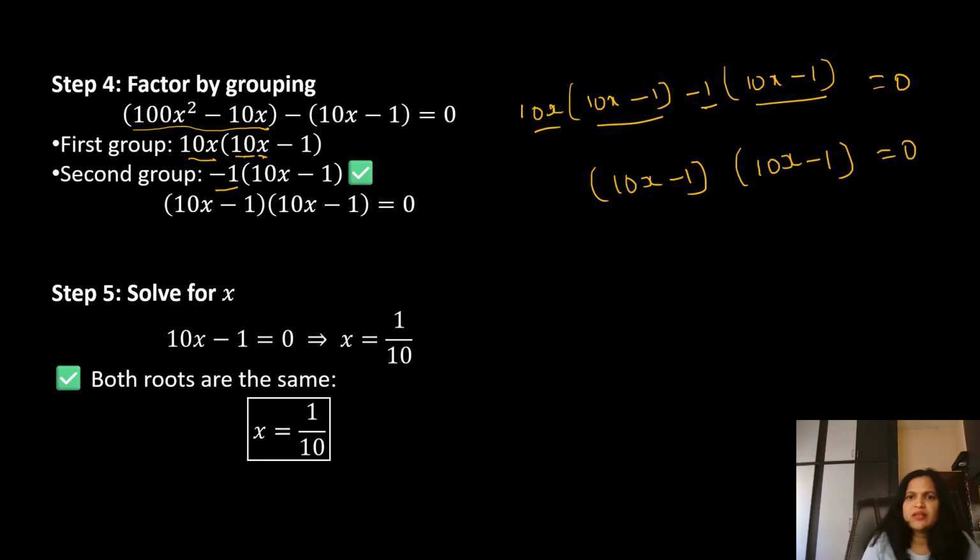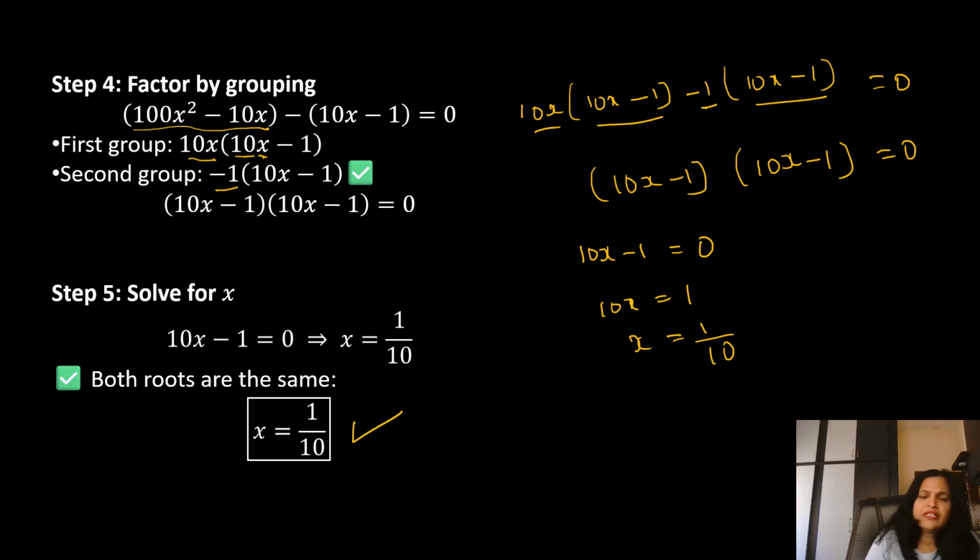You get the same answer, so it becomes a square. So 10x minus 1 equal to 0. Solve for x: 10x minus 1 equal to 0, therefore 10x equal to 1, the minus 1 coming to this side becomes plus 1. x equal to 1 by 10, multiplication coming to this side becomes divided by. So your final answer is x equal to 1 by 10.